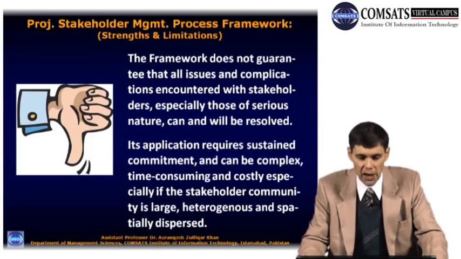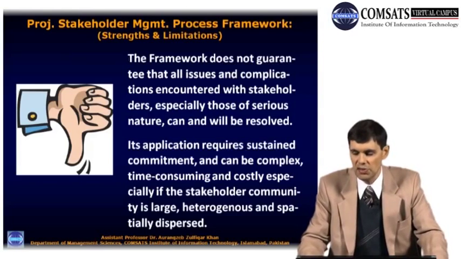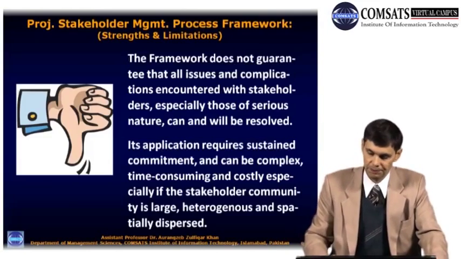It might be a good, nice way, but not very realistic. It might be too time-consuming and too resource-intensive. And then one might be cutting corners, leaving out some stakeholders who later on might turn out to be very important. So this is one limitation of the process framework: it requires a lot of sustained commitment as well as resources in order to apply it.